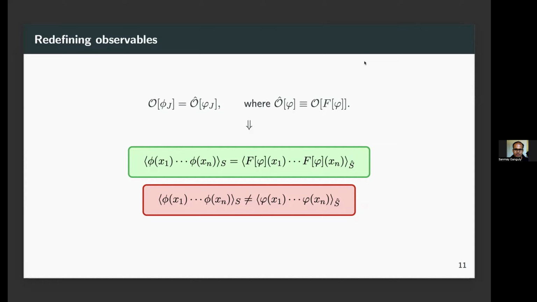Yes, question? I have a question: after field redefinition, if you write down the Hamiltonian of the theory in terms of the new fields and try to solve for the vacuum of the theory, what guarantees that under field redefinition the vacuum remains intact? I would say it can change.